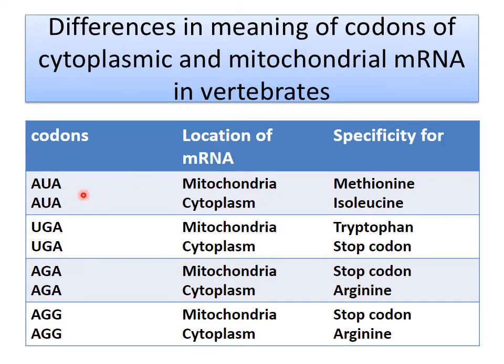AUA, in mitochondria it codes for methionine, but in cytoplasm it codes for isoleucine. Same as UGA, in mitochondria it codes for tryptophan, whereas in cytoplasm it is a stop codon. AGA, in mitochondria it is a stop codon, whereas in cytoplasm it codes for arginine. AGG, in mitochondria it is a stop codon, whereas in cytoplasm it codes for arginine.